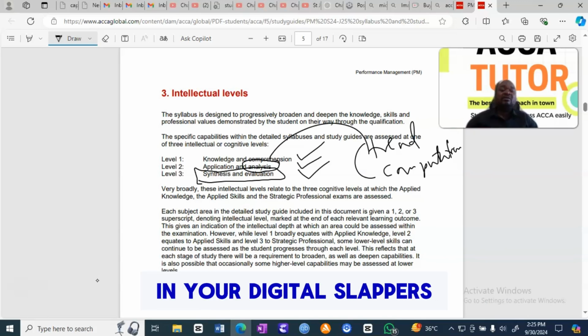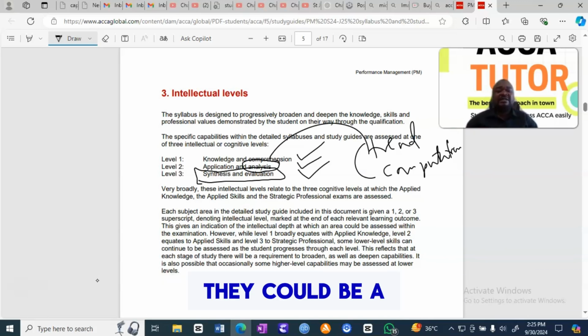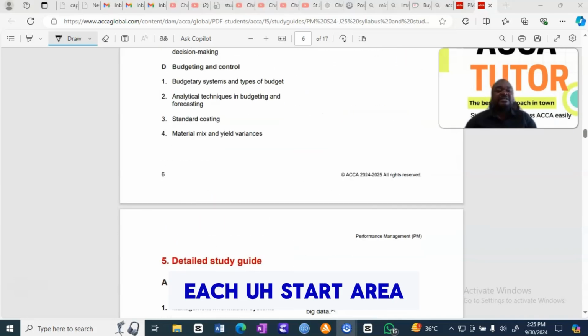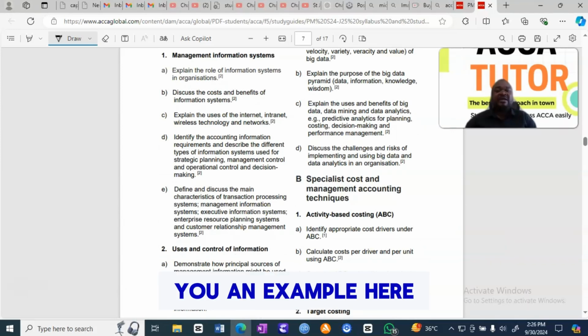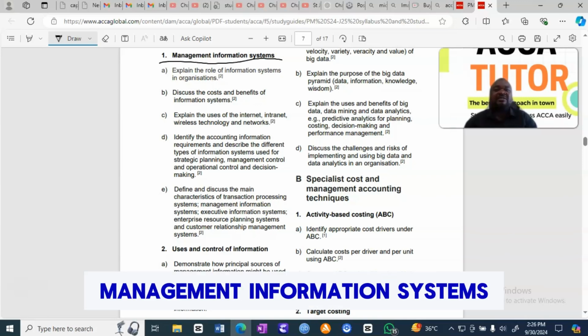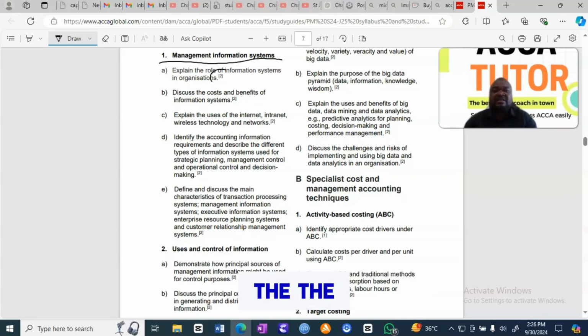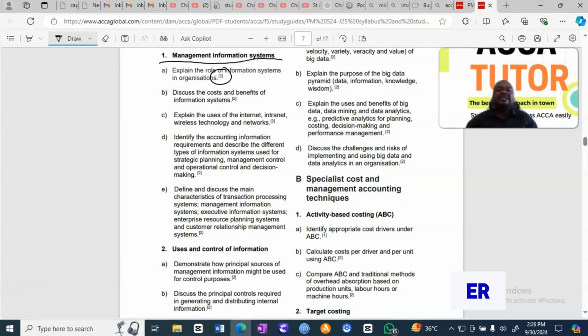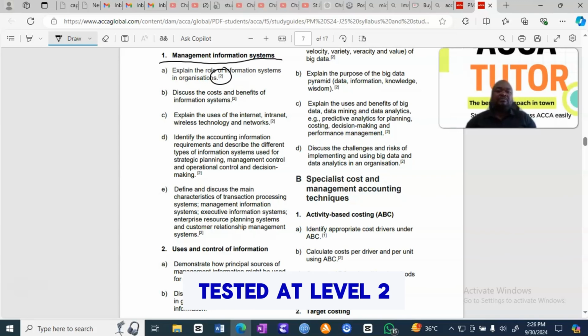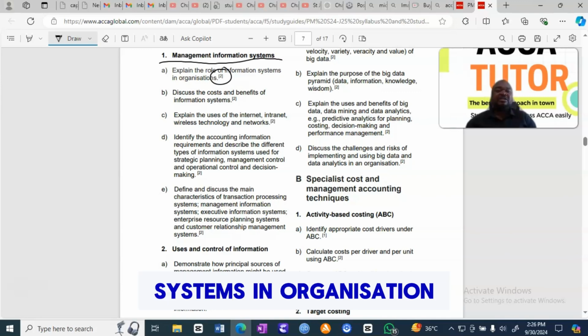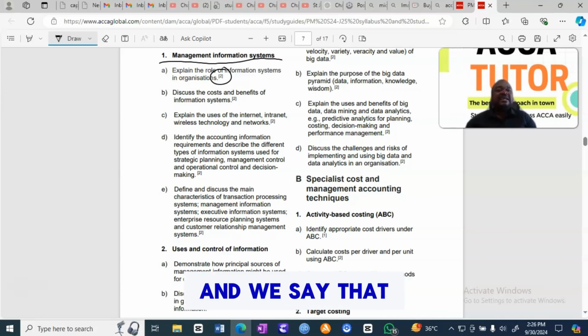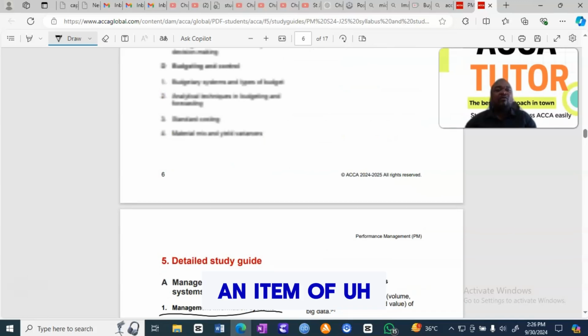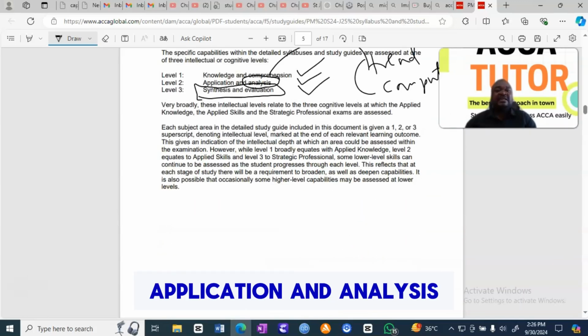So you will see in your detailed syllabus that there could be a subscript, a superscript at the end of each study area. Let me just give you an example here. All right, so you can see that these items here at the start where there is management information systems, the syllabus is saying that they are being tested at level 2, right? Level 2. Explain the role of information systems in organizations. And we said that that one was actually an item of application and analysis.